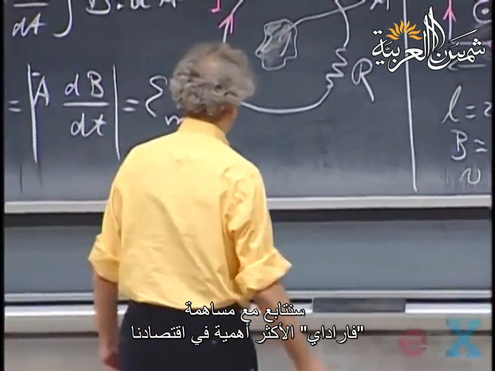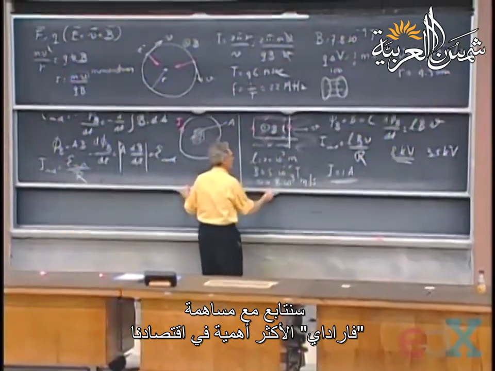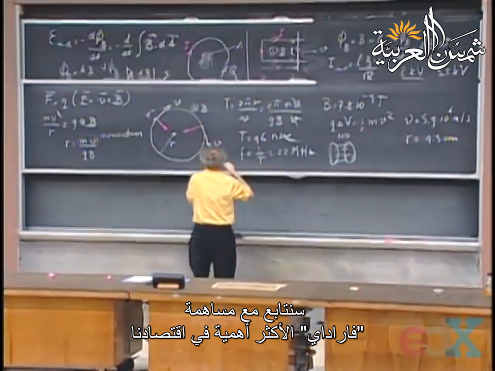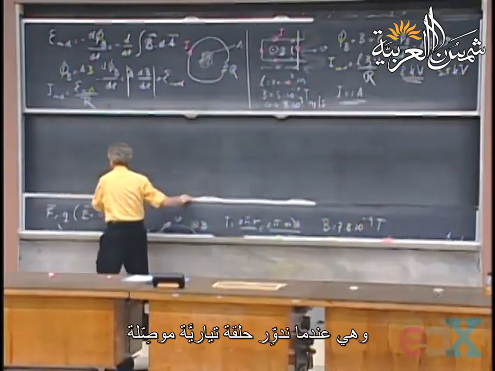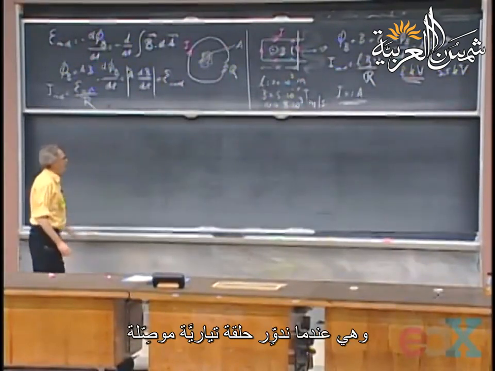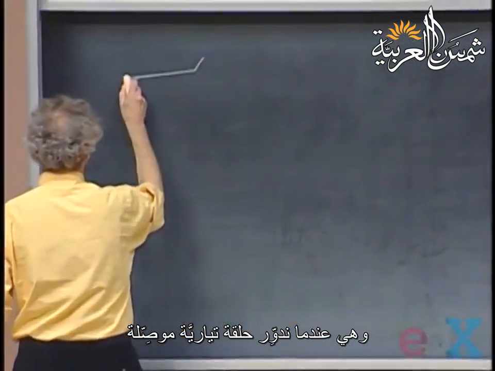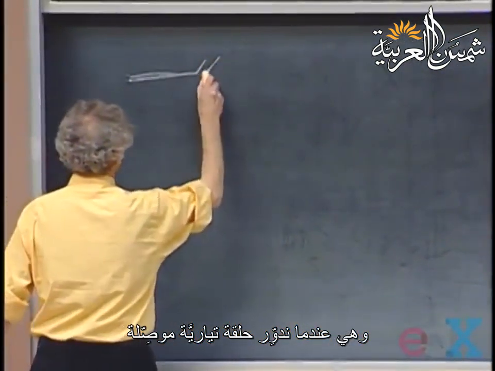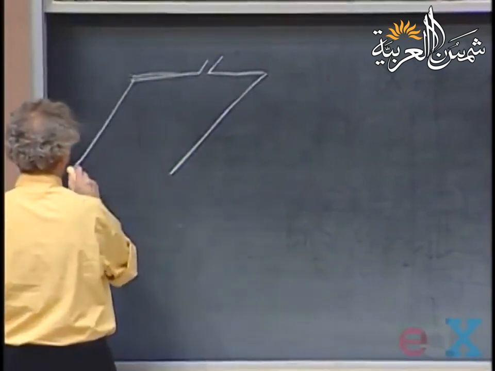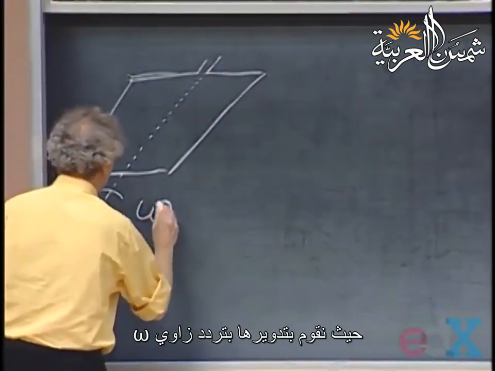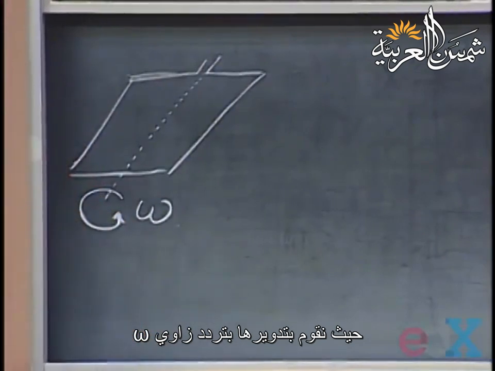All right, let's continue with the most important contribution, Faraday, to our economy. And that is the situation whereby we rotate a loop, a current loop, conducting loop, could be rectangular, could be circular, and we rotate it around with angular frequency omega.